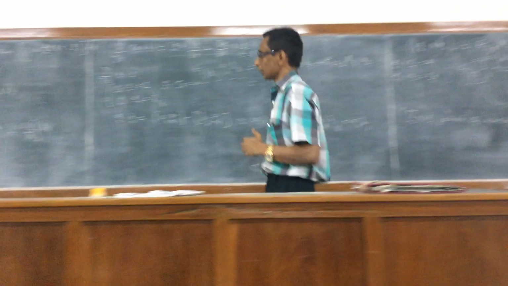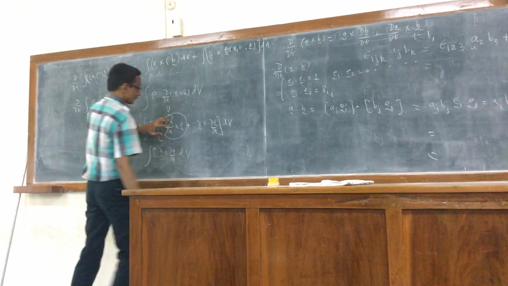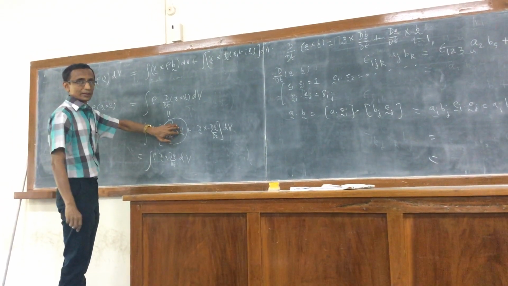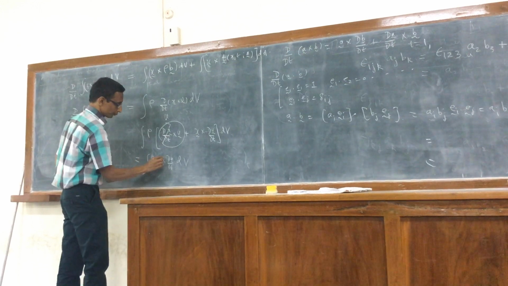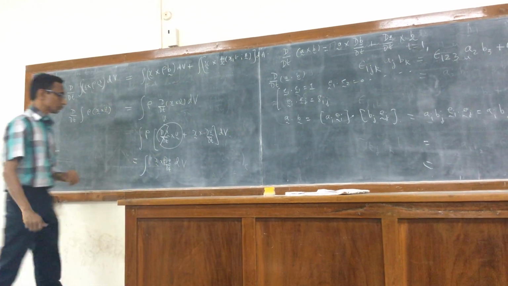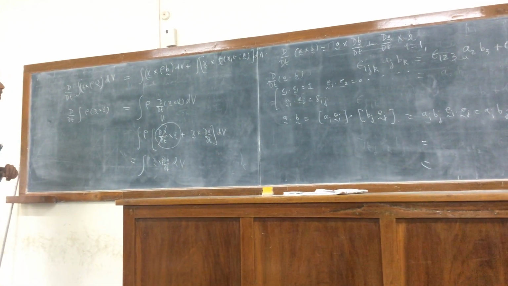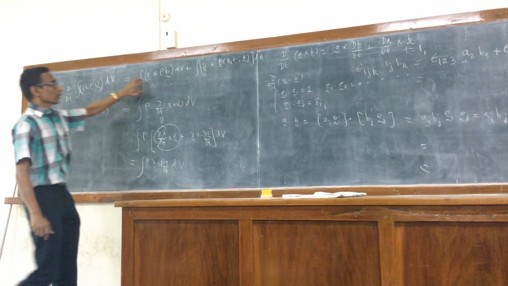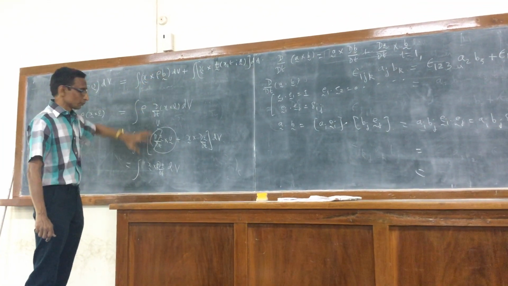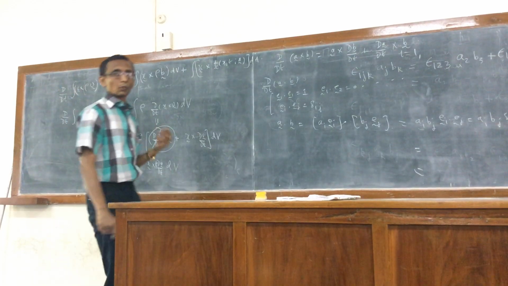So here you can clearly see that you have the cross product of a vector with itself, so that is 0. So now I have got this. Now I will simply take the rho inside, right? And then I have x cross rho b. Both of them are volume integrals.